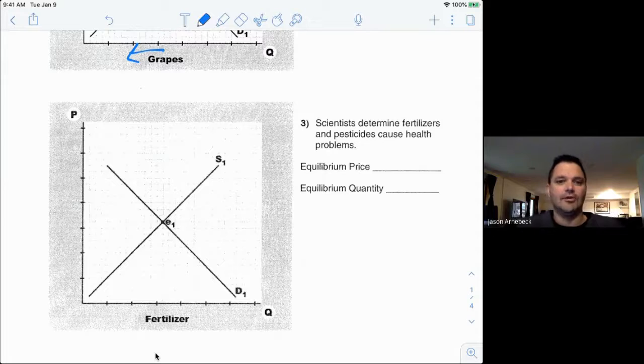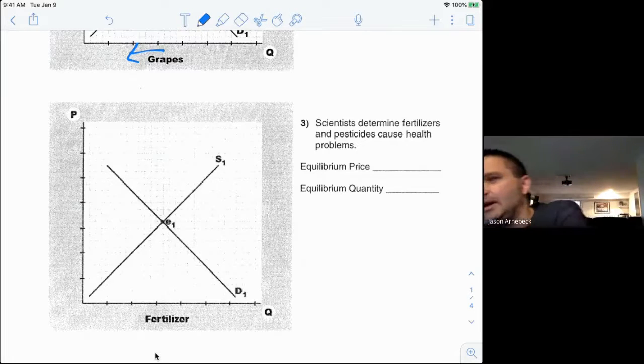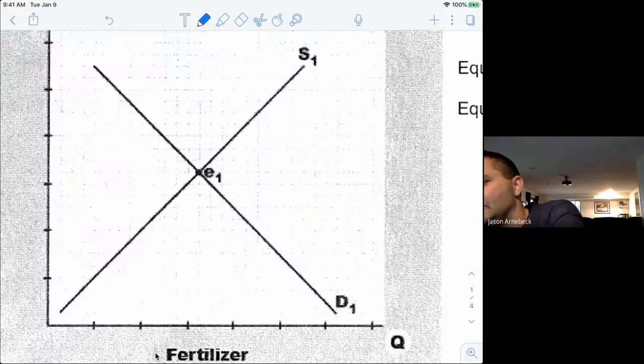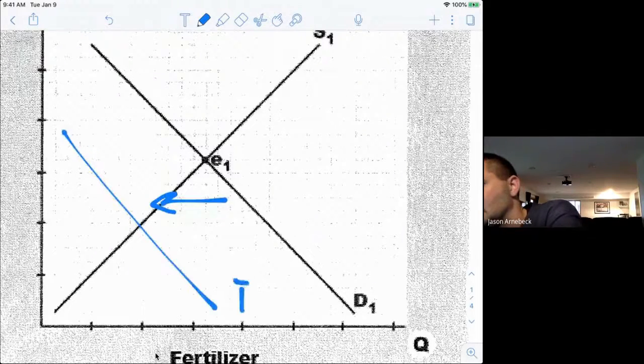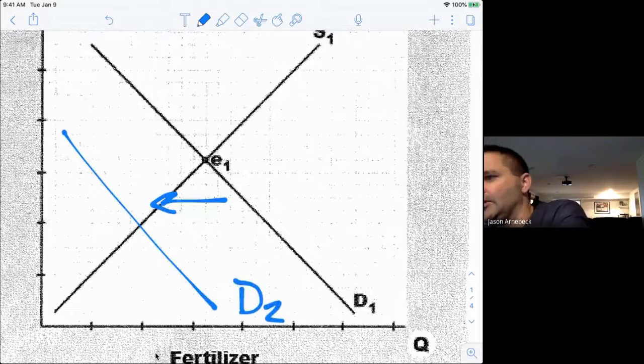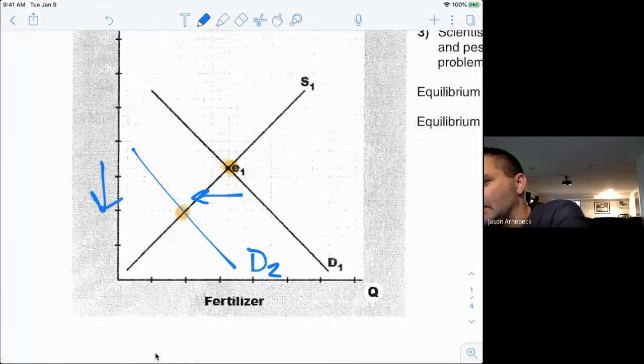What it did do is change the minds of people who might buy the fertilizer and use it. If it's going to cause health problems, people are going to be less likely to buy it, and so that leads to a decrease in demand. As a result, the equilibrium point repositioned itself at a lower price and a lower quantity.